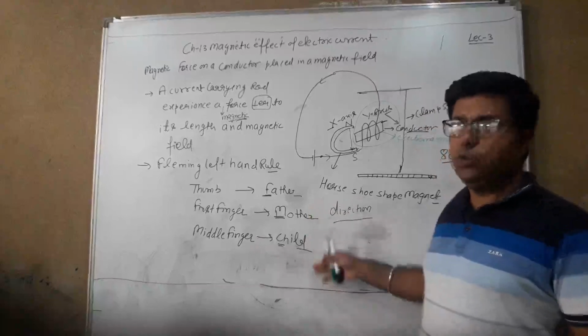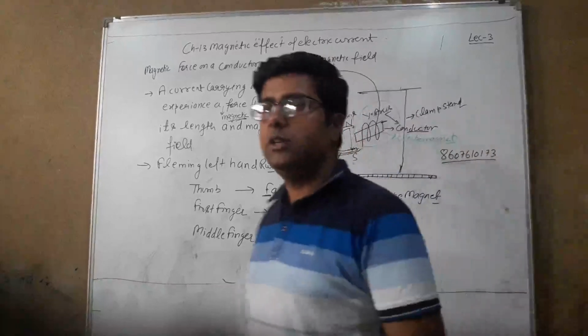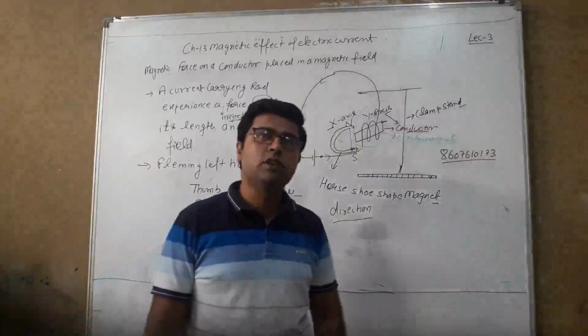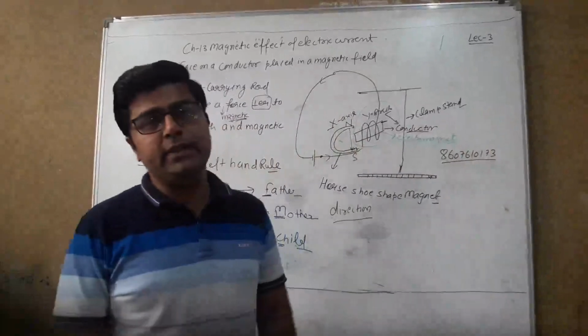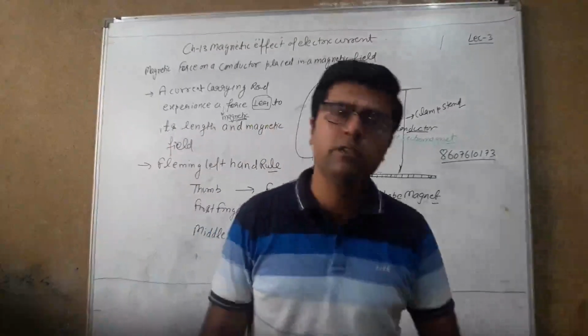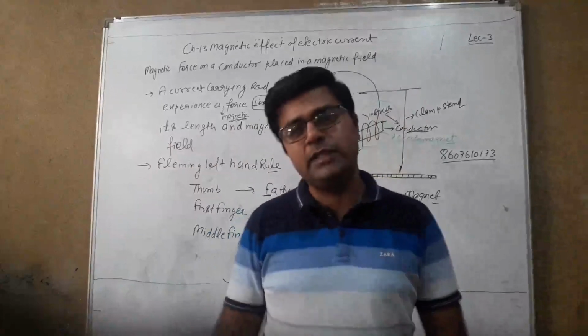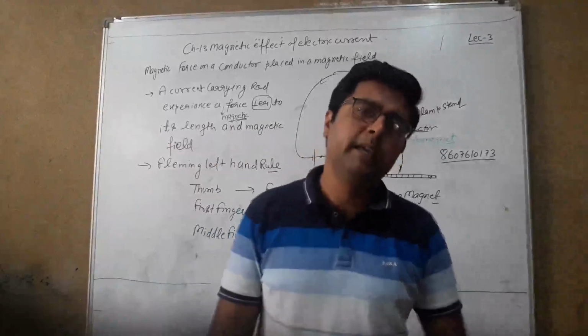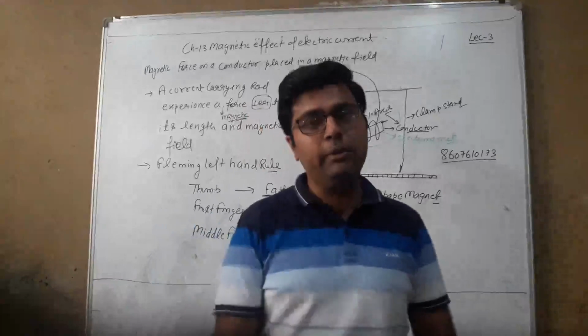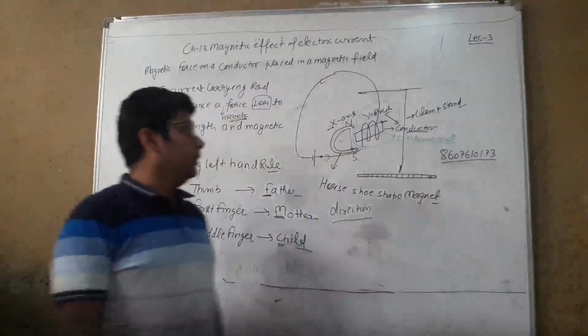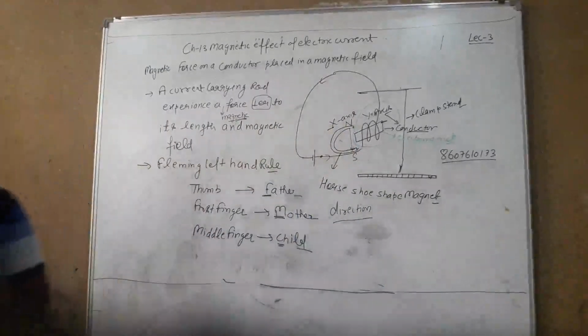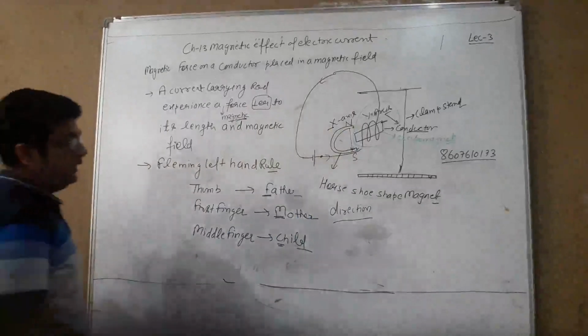Two of them are given to you, and the third you need to find out. For example, in the x direction we have the direction of current, in the y direction the magnetic field, so obviously in the z direction we have the direction of magnetic force. Okay, let me erase this and move to the next topic, that is the electric motor.